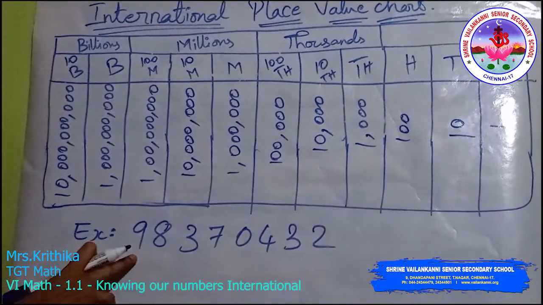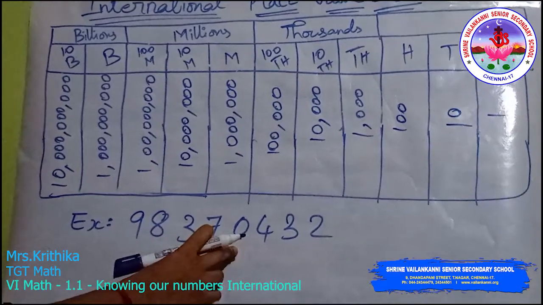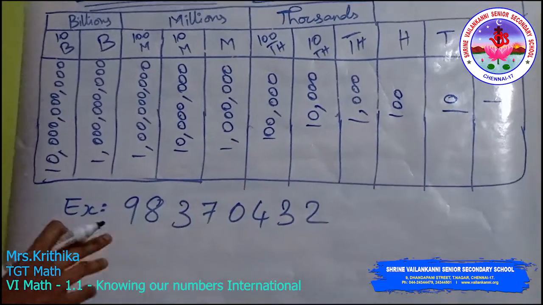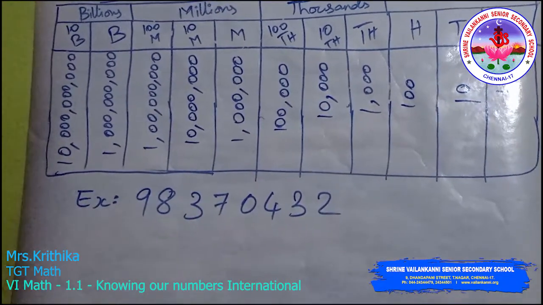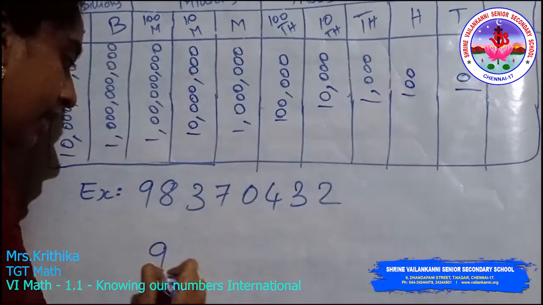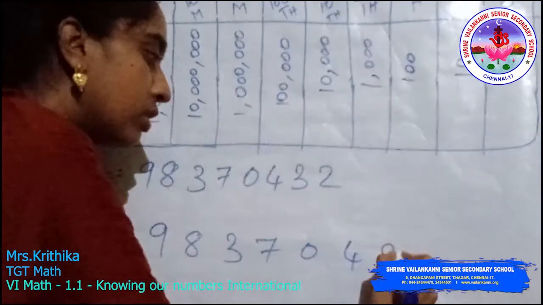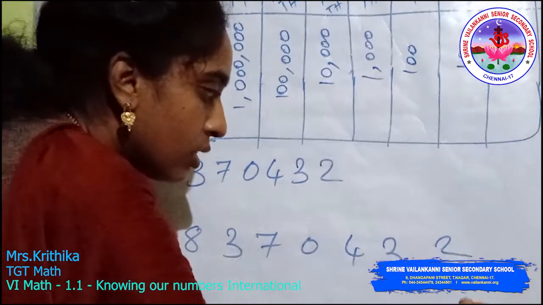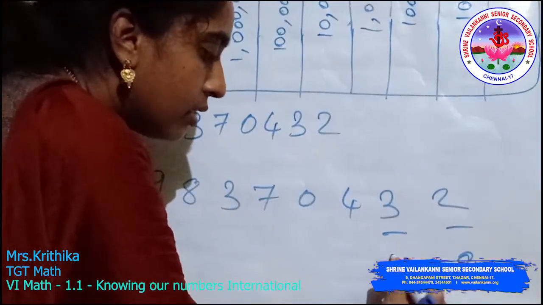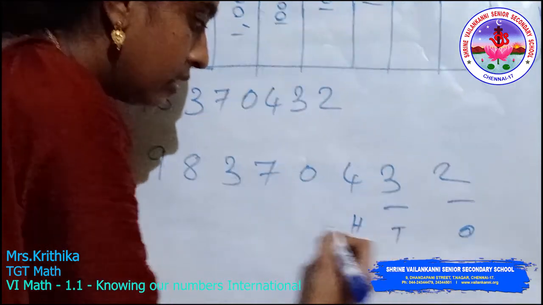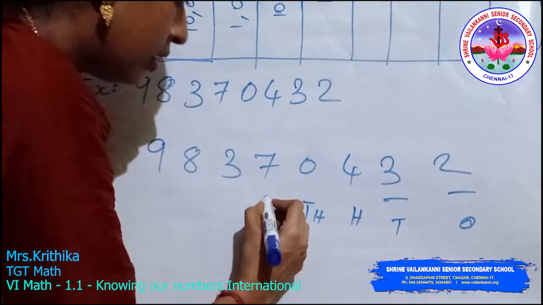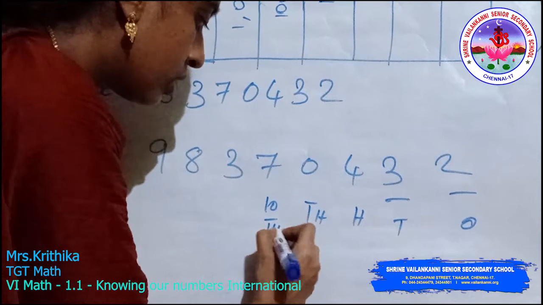Next example, 98,370,432. First separate the digits using the commas. Here this is 1, 10, 100, 1000, 10,000.